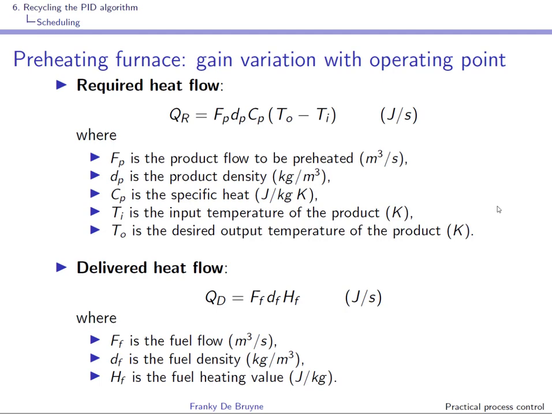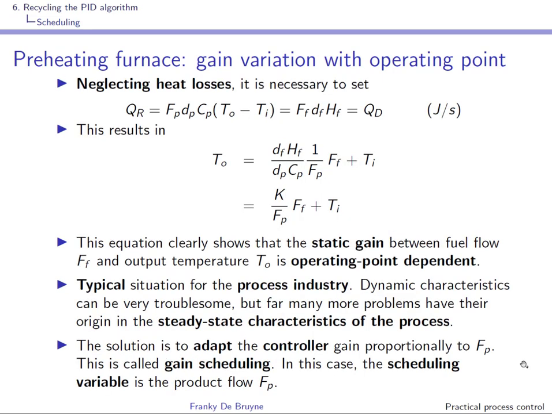pre-compute the fuel flow. We can use those two equations to validate our intuition that the gain is varying with the operating point. So again, we'll equate the two equations, but instead of isolating the fuel flow, this time we will isolate the output temperature, and this is what you obtain.